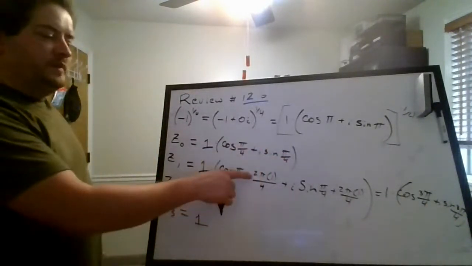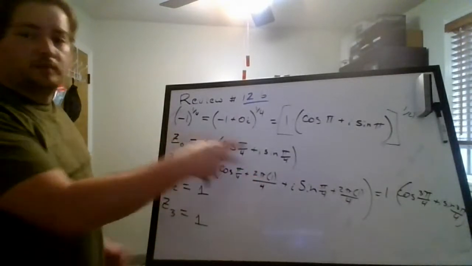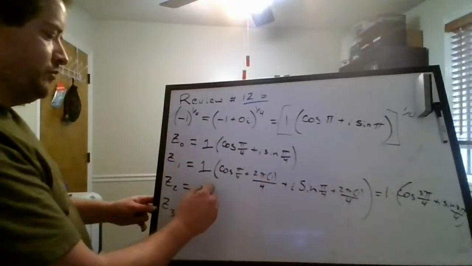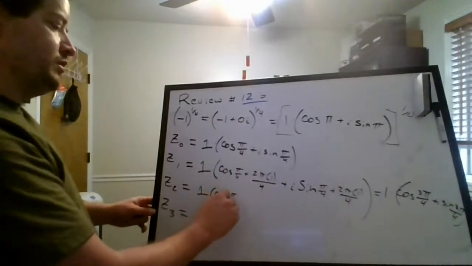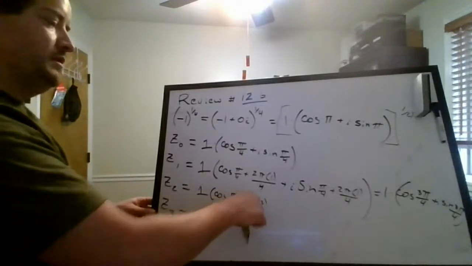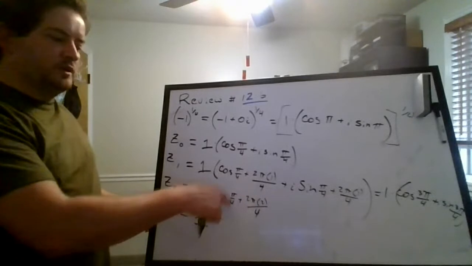But this 2 pi over 4, that's just adding pi halves every time, or 2 pi fourths every time. And the next one here, if I do it by the formula, is just the cosine of that same initial pi fourths plus 2 pi, but times 2 over 4. So that's just 4 pi fourths plus 1 pi fourths.